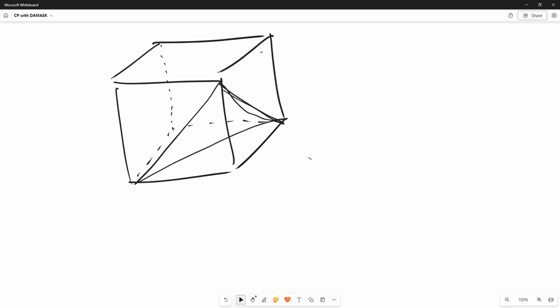For example, one of these planes. So it will in total have 1, 2, 3, 4, 4 on the above, 4 on the bottom. So we total have 12 slip planes, right?